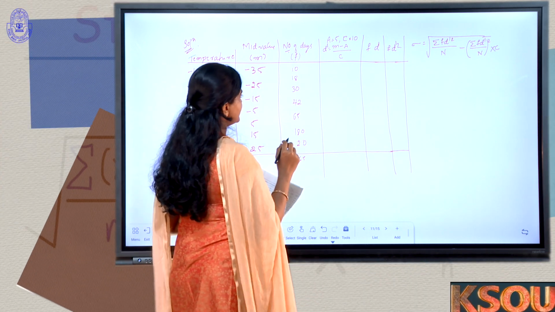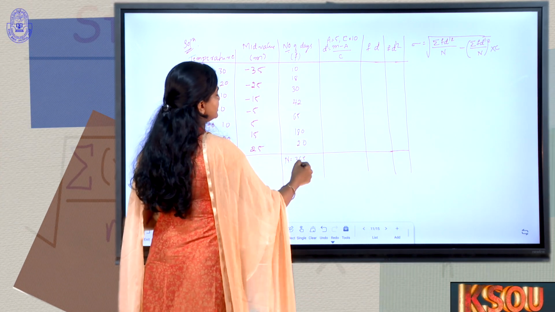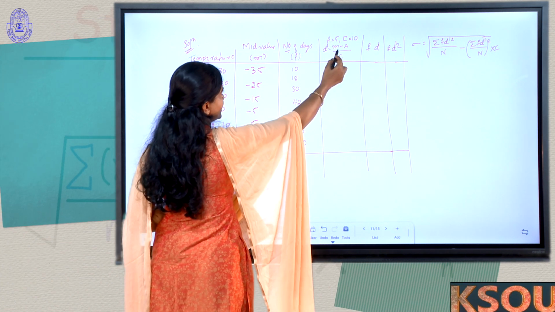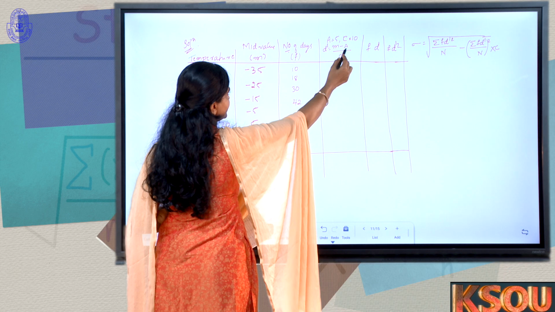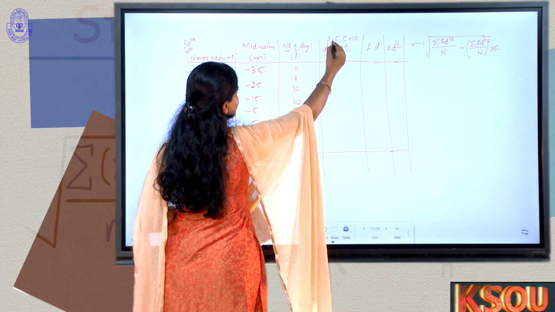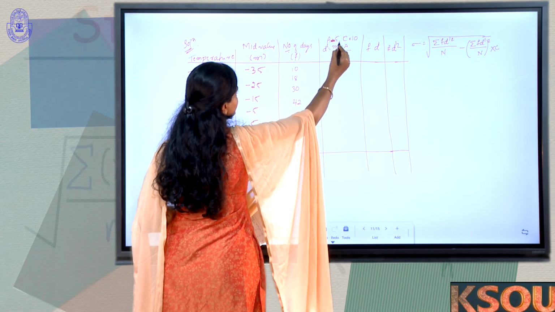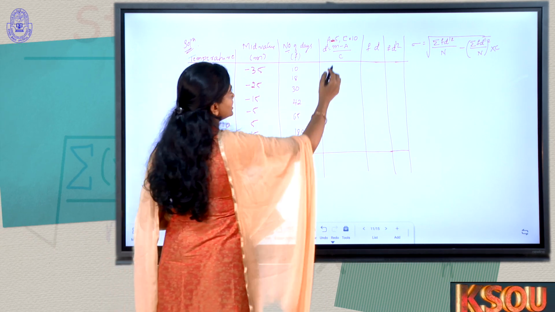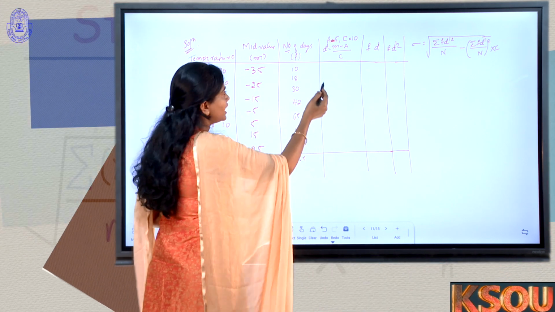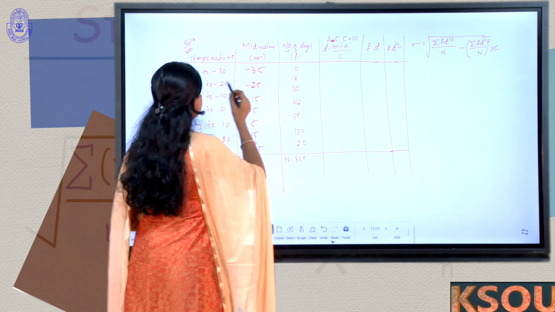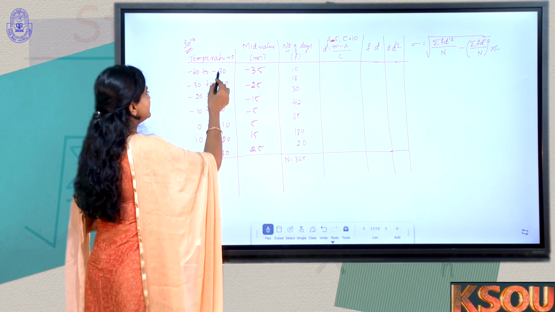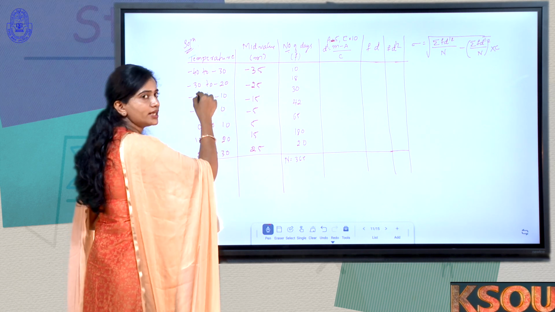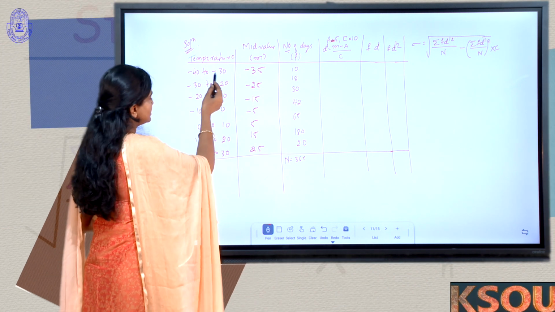So, after calculation of n, you can calculate the d dash. For that, you will have to take m minus a by c. Here, I am going to take minus 5 as the assumed mean and c is equal to 10, as you can see the difference between lower limit and upper limit is 10.